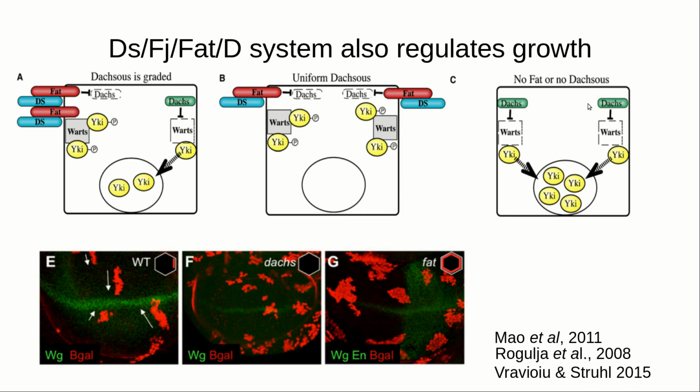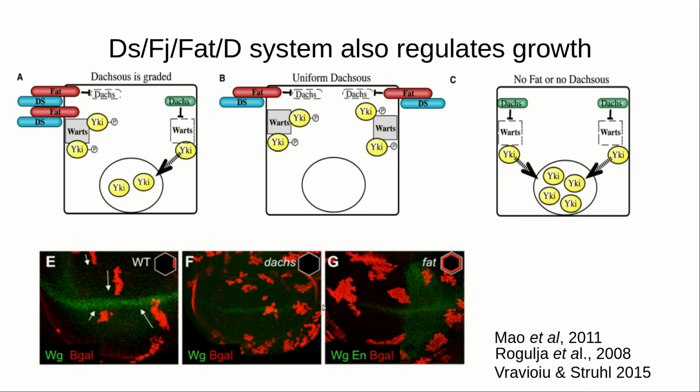Okay. However, if you have a Fat mutant or a Dachs mutant, you have a lot of that. And therefore the Warts kinase is completely repressed, and you have too much Yorkie, which induces a lot of growth. Indeed, you can see as both Dachsous and Fat mutants have a growth that is not directional compared to wild type, where clones are elongated.